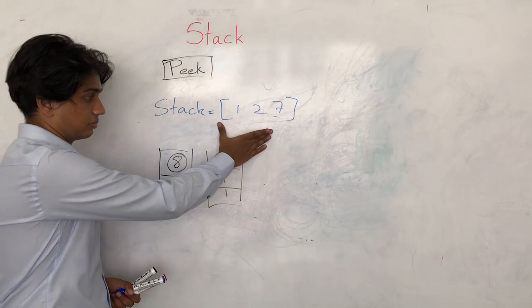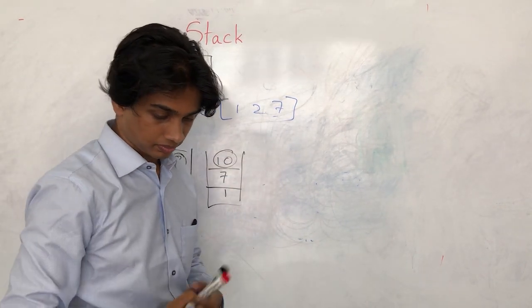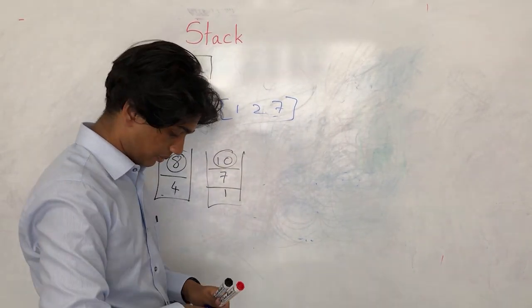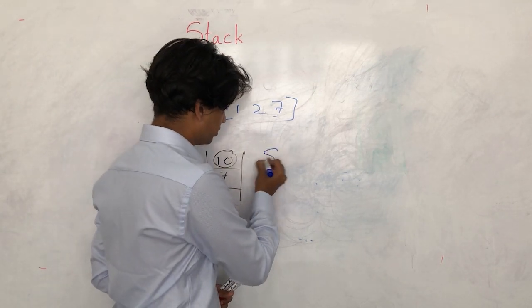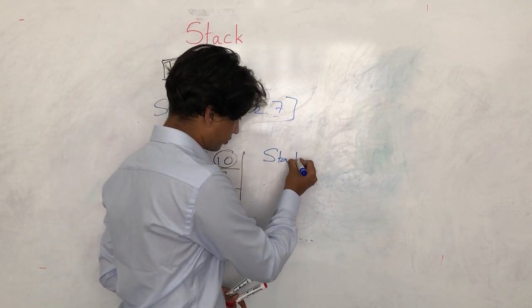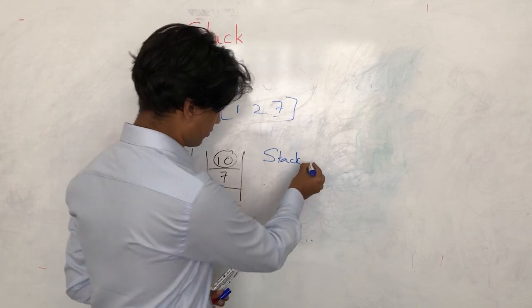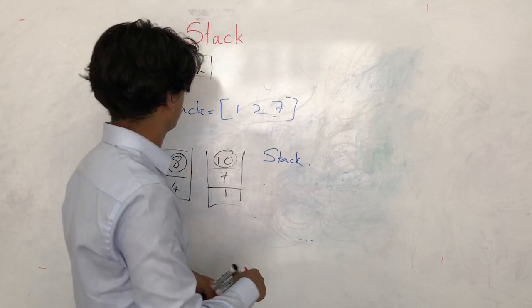Let's take our original example, and I'm going to write the code as before, which will be stack. Instead of pop, I'm going to use the peek method.